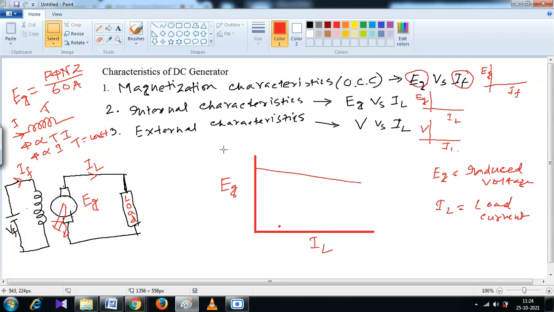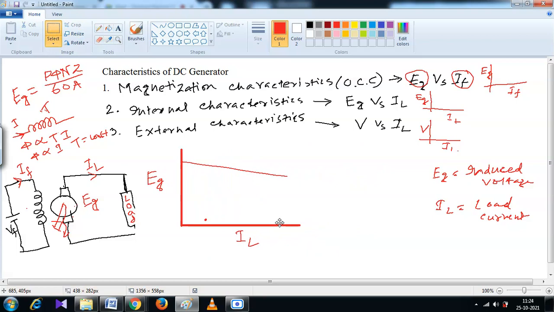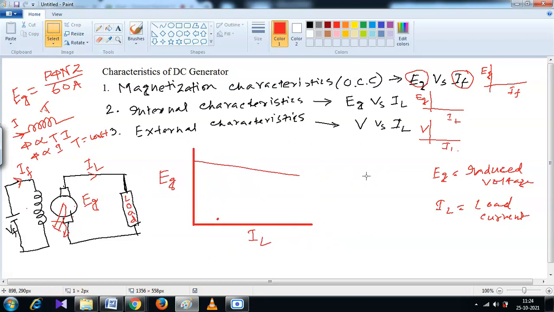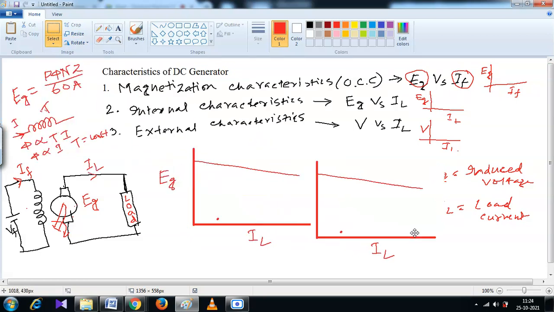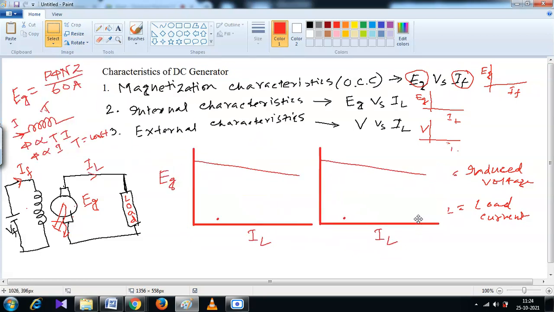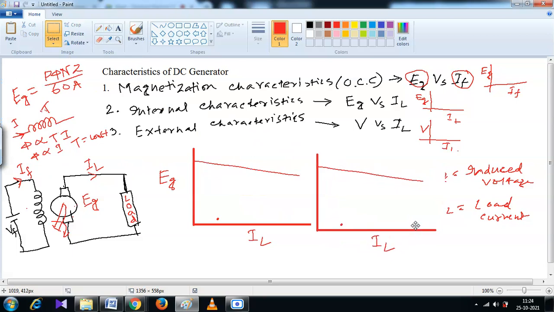And after that, we have to plot the terminal voltage against the load current.